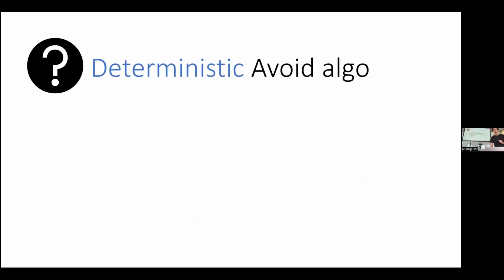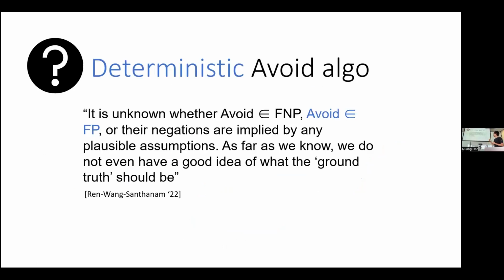Actually there is a quote from the paper of Ren, Wang, and Santhanam: we don't know whether avoid is in FNP, which stands for non-deterministic polynomial time search algorithms, or in polynomial time, or whether the negations are implied by any possible assumptions. As far as they know, they do not even have a good idea about what the ground truth should be, because of the argument above.